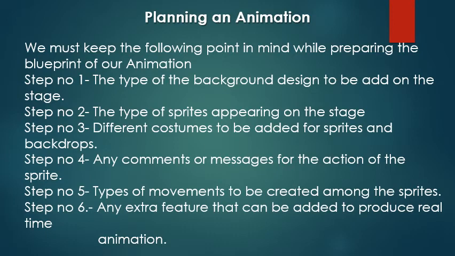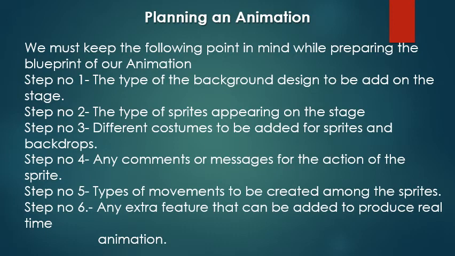Third is different costume to be added for the sprite and backdrop. If you want to change the backdrop or the sprite costume, you can. Next, any comments or messages for the action of the sprite. If you want to give any message or comment for the action of the sprite, you can.